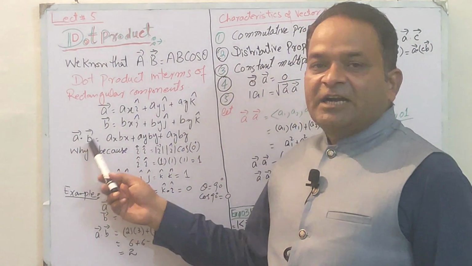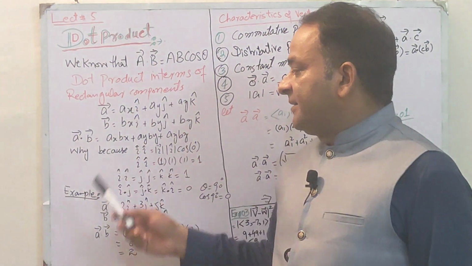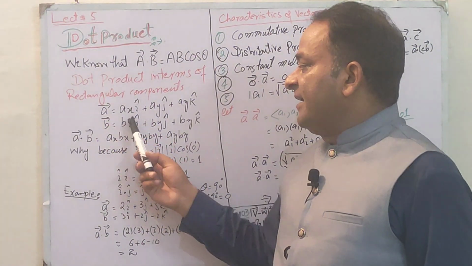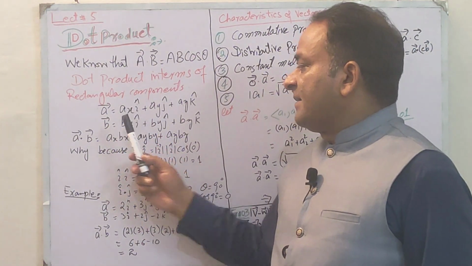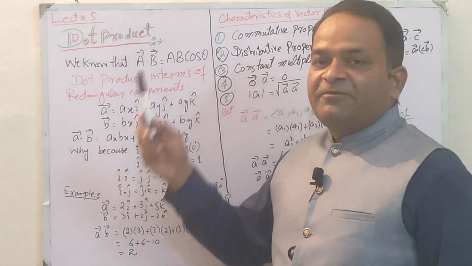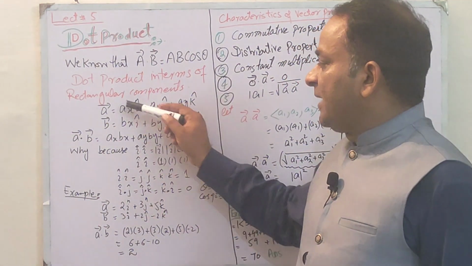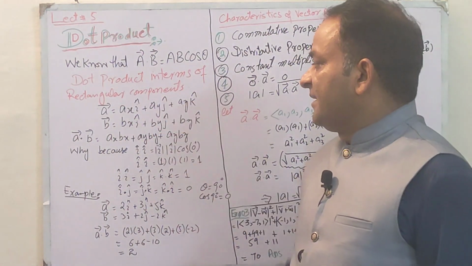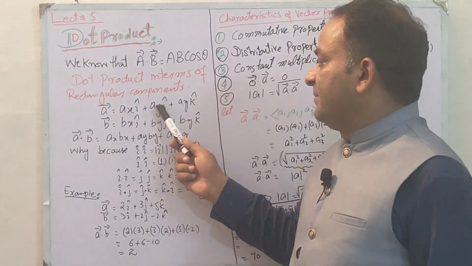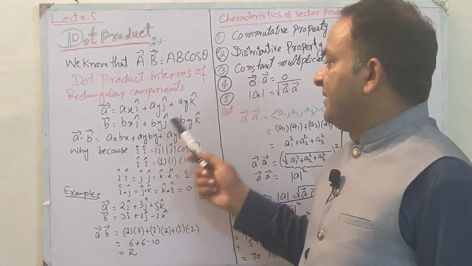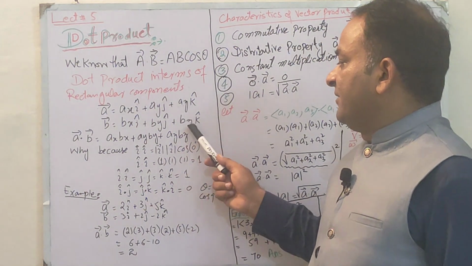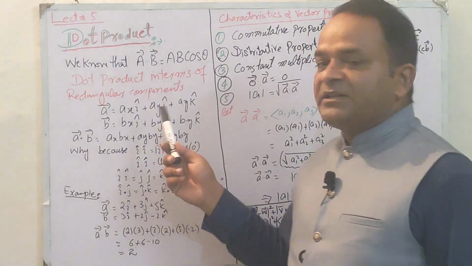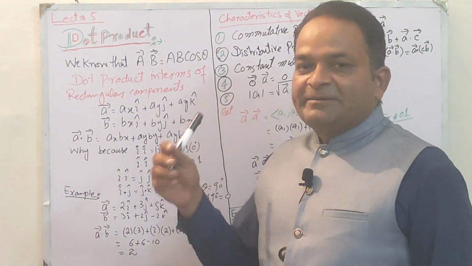So, if you take the dot product in terms of the rectangular components, you just need to multiply the coefficient of the i unit vector of A and the coefficient of the i unit vector of vector B. Just multiply these coefficients with each other: X component with X component, Y component with Y component and Z component of A vector with the Z component of B vector. So it is very easy. When you see the example, you will easily remember that.